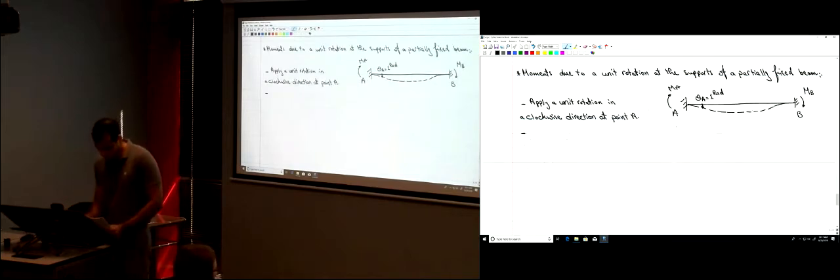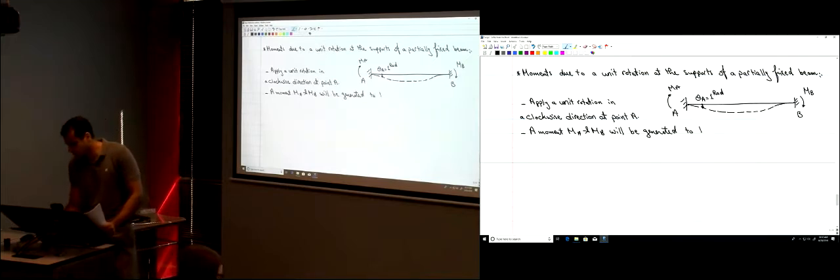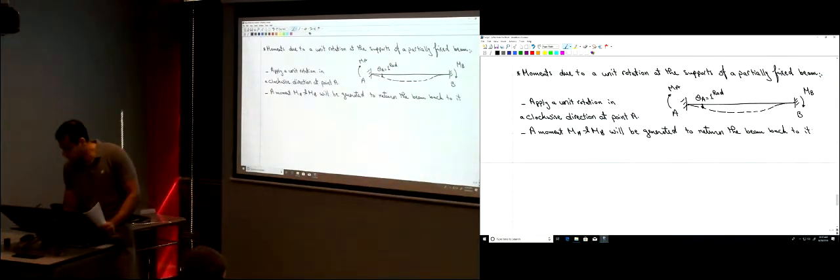We assumed that there will be MA and MB. The moments MA and MB will be generated to return the beam back to its original position.